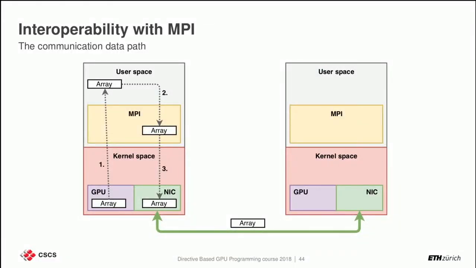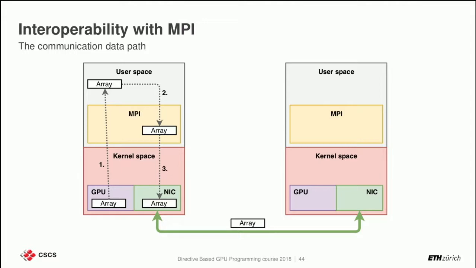Here I'm also assuming an optimization, because this is not the fully unoptimized path. In the fully unoptimized path, the kernel would have to copy this to a pinned area so that the network card can access it and move it to the network.